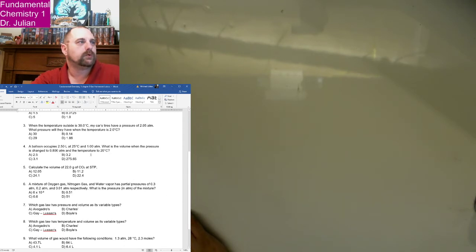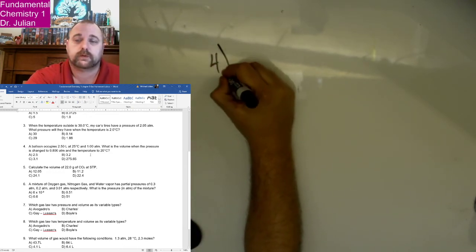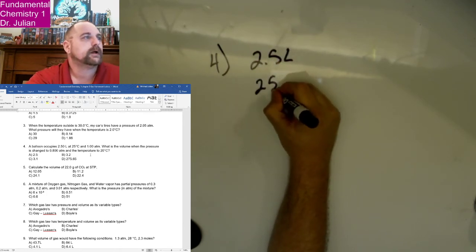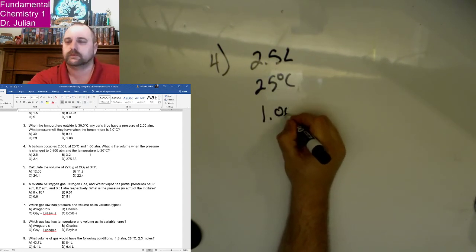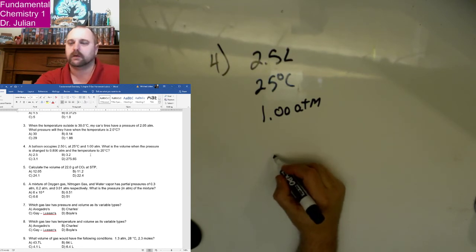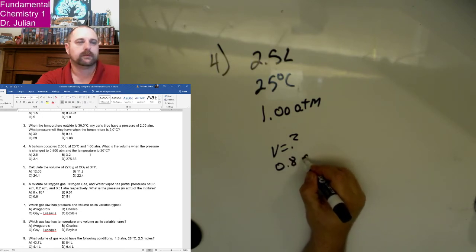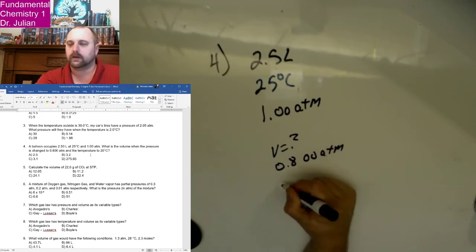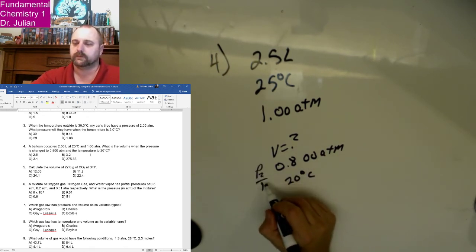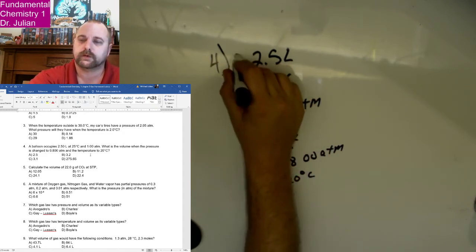We're ready for 4. Let's start putting these numbers up here. 2.5 liters, 25 degrees Celsius, 1.00 ATM, and all those went together. Then down here, it wants to know volume when it is 0.800 atmospheres and 20 degrees Celsius. So temperature, pressure, these are 2s, and a pressure, a temperature, and a volume.